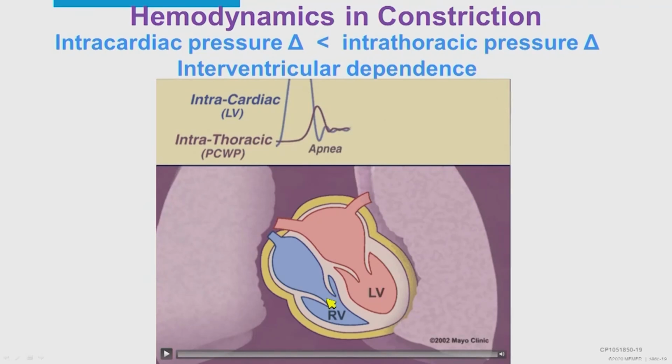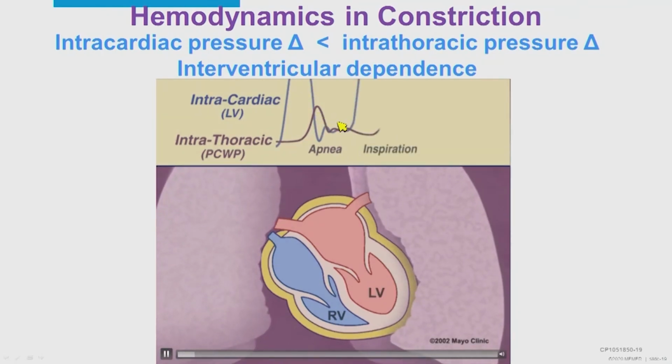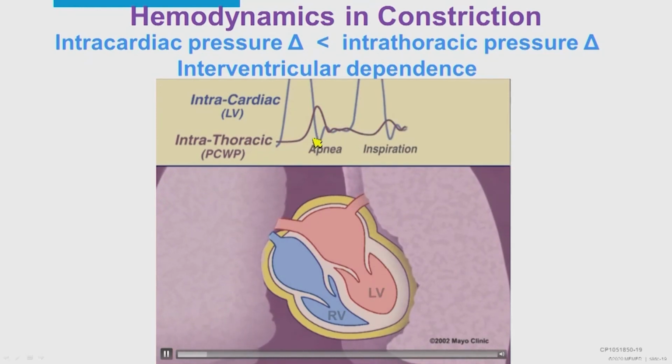So let me just show you this animation then, with the pressure tracing on the top, with the intrathoracic pressure in purple, and intracardiac pressure, LV pressure, as a blue. So with the inspiration, you can see the intrathoracic pressure falls, but the LV diastolic pressure stays similar, without significant change.